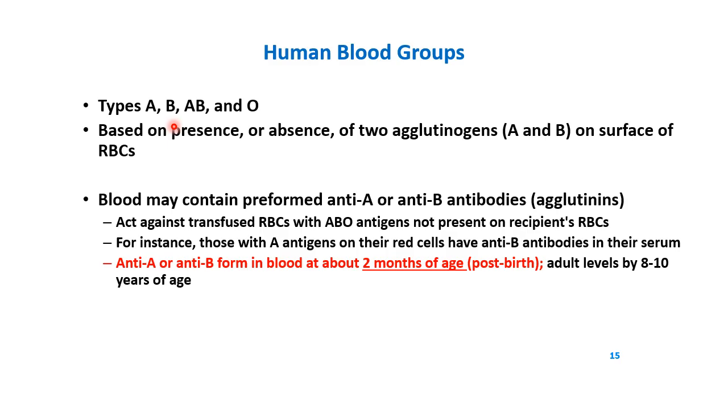So from 2 months of age or so, you start to develop those antibodies, because some bacteria in the intestines have the same type of antigens as you see on the surface of red blood cells. Okay, so your body is going to think, well, if I see that antigen and I don't have that antigen, that thing is foreign. I'm going to develop antibodies against it.